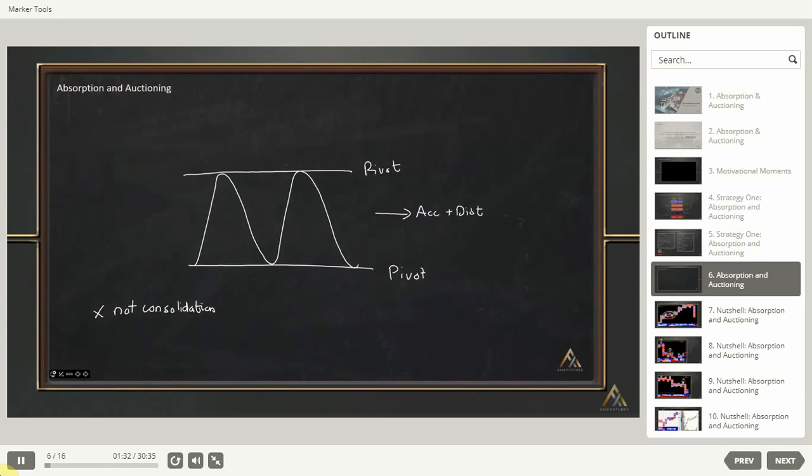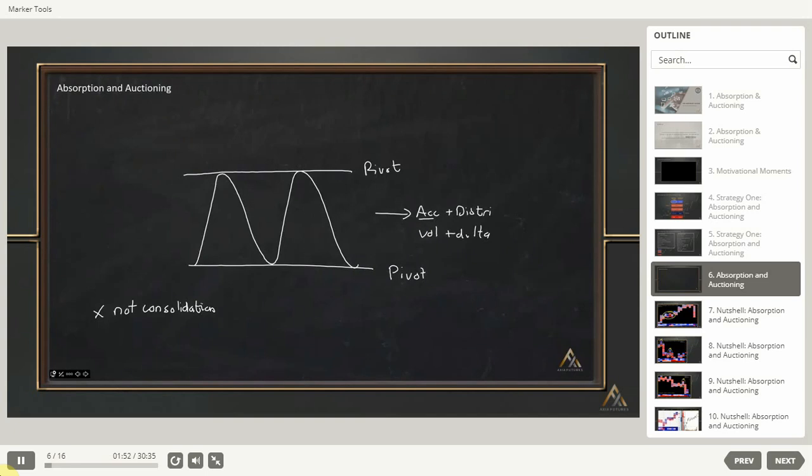Now we noted the key difference between accumulation and distribution and consolidation was very simply the volume and the delta exchange. In other words, in accumulation and distribution, we do tend to see a much higher relative amount of volume being traded versus the consolidation.